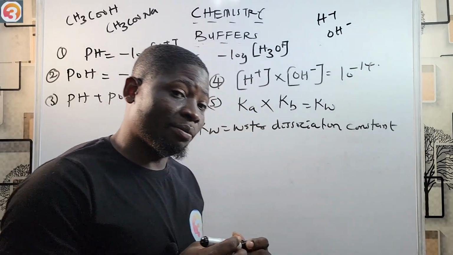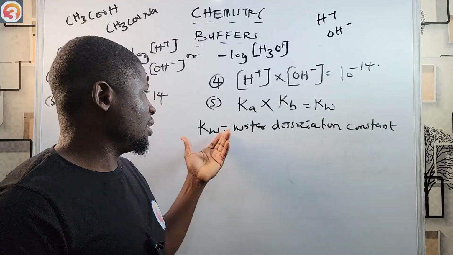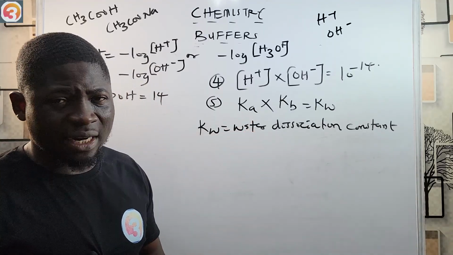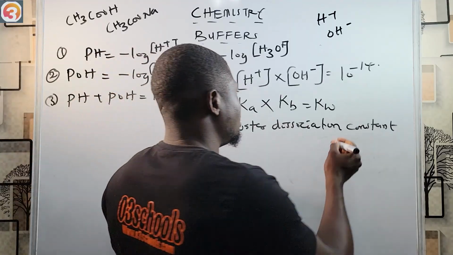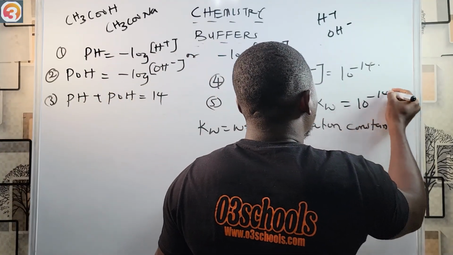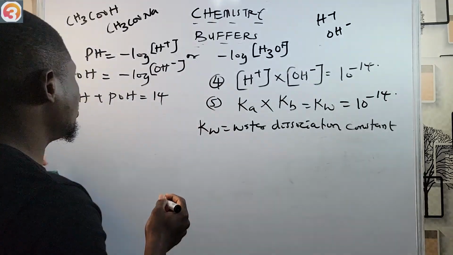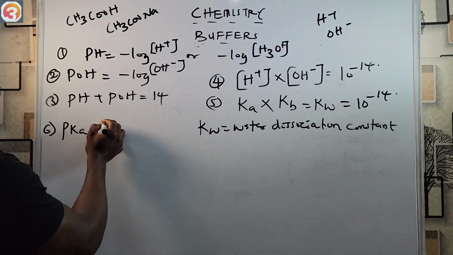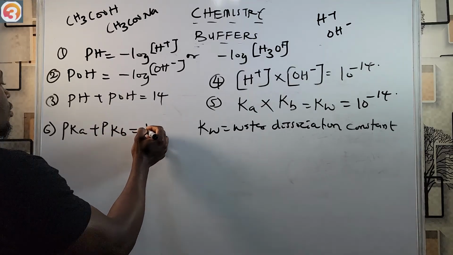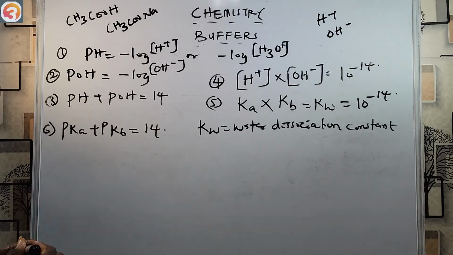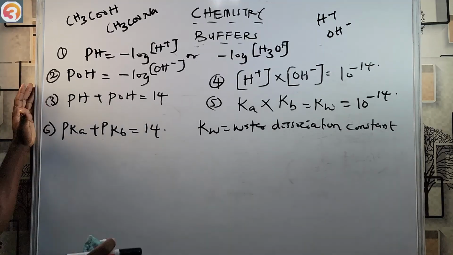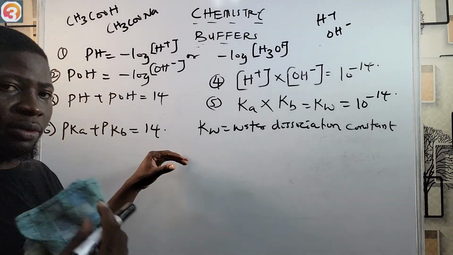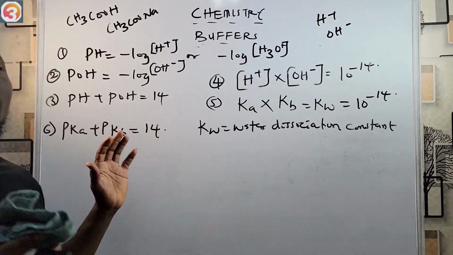On the O3SCHOOL JAMB app, some of the questions solved there use this formula, so please do not be confused. It's the same thing. Number 6, pKa plus pKb is equal to 14 also. These are all the formulas we have talked about in calculating pH. Please note them very well.